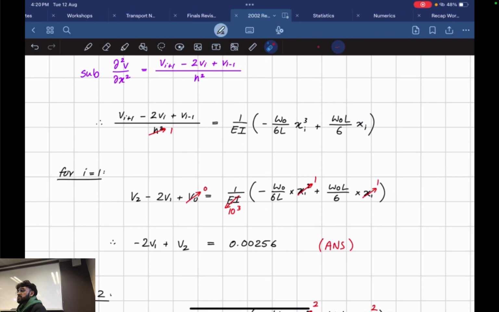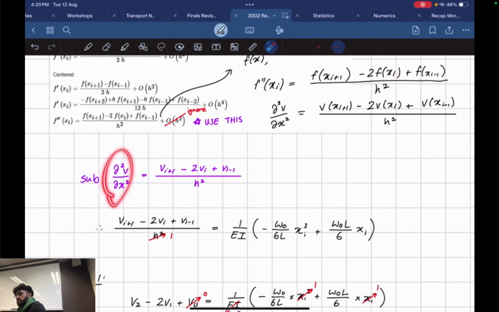What does the negative 2v1 plus v2 actually mean? Like how do you get it? So I used the finite difference equation. We can express our derivative, our partial differential equation, in terms of v.